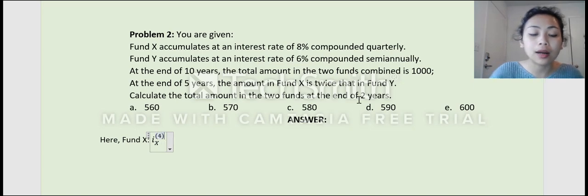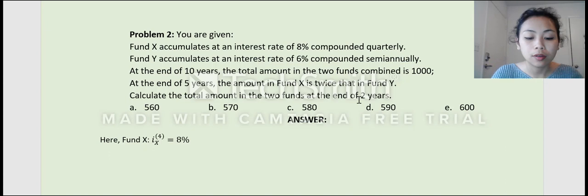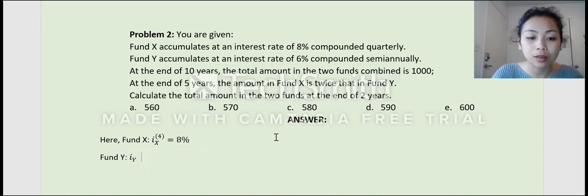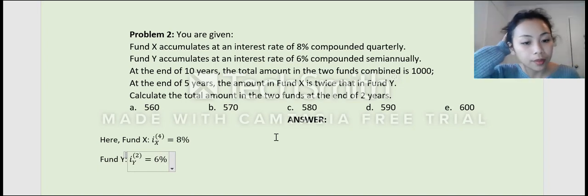So we have I superscript 4 equal to 8%, and fund Y, you have I semi-annually, that means the money is compounded twice a year. So you have I with the script 2 and the superscript of 2 equal to 6%.